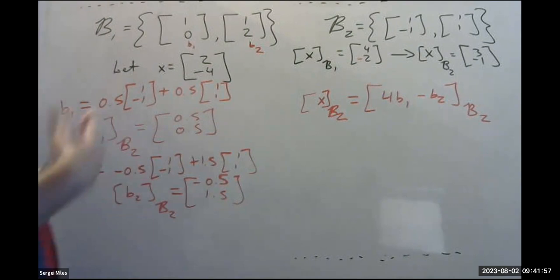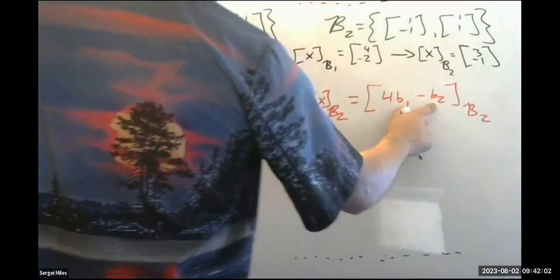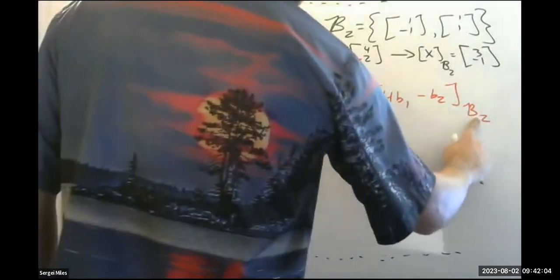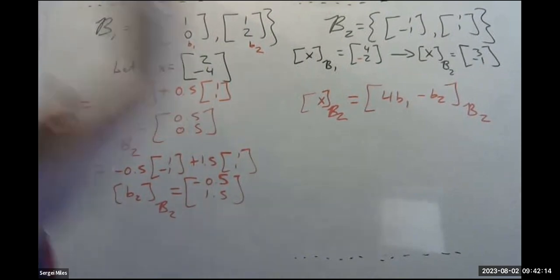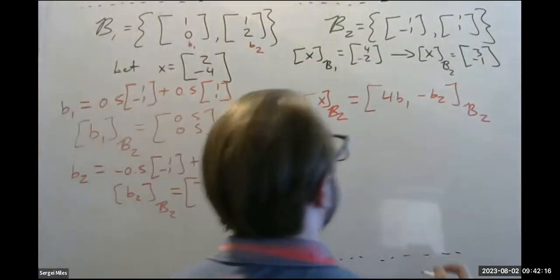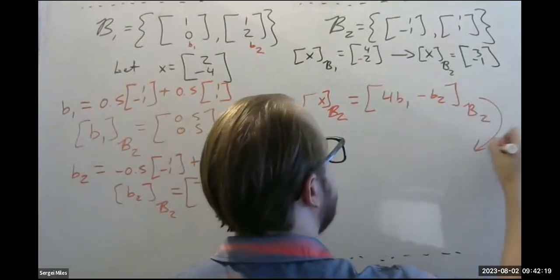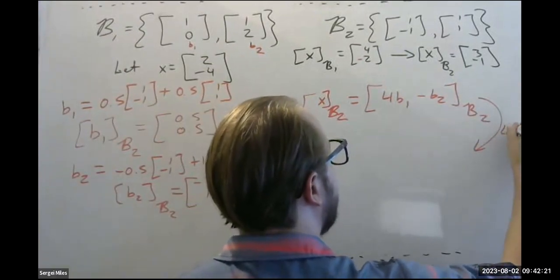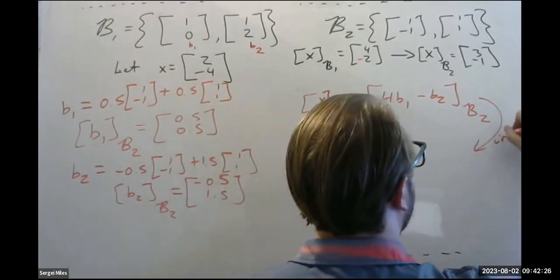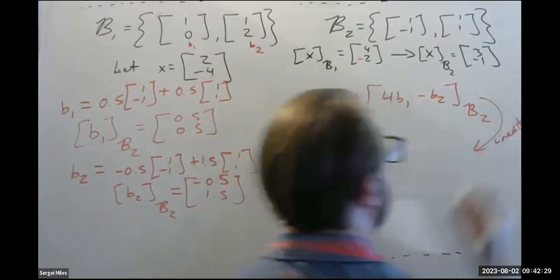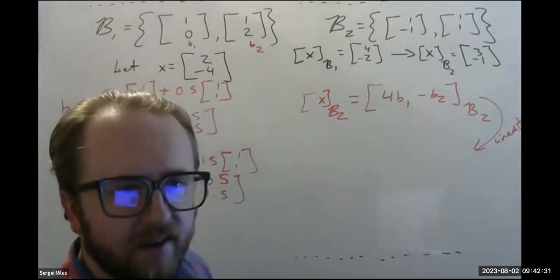It's the same thing as solving a matrix equation. So the act of changing 4b1 minus b2 into the script b into the second basis, this is a linear transformation. This is a linear operation, which means bilinearity, let's see, did that fit on the screen?